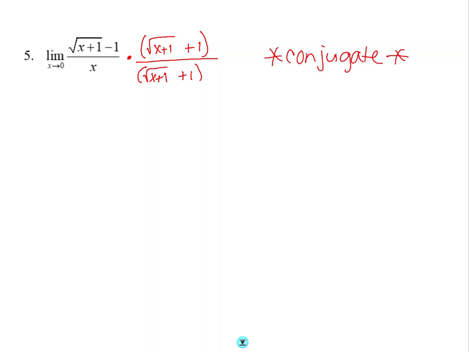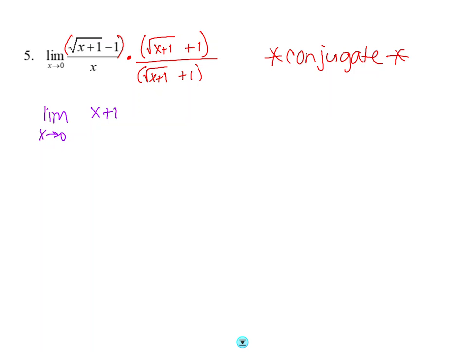So now, if I go ahead and multiply, I have the limit as x approaches 0, and here I need to double distribute or FOIL in the numerator. So I have square root of x plus 1 times square root of x plus 1, which is just x plus 1.